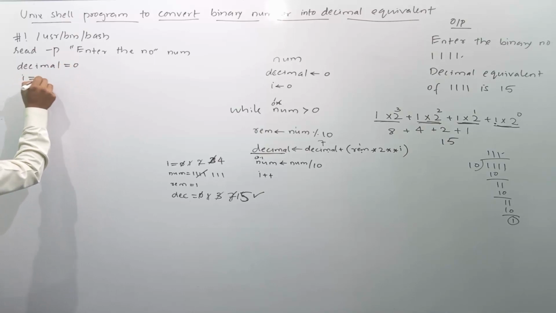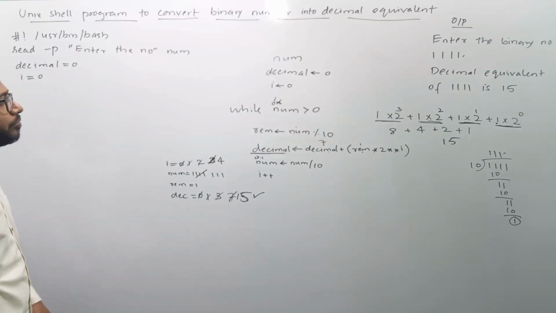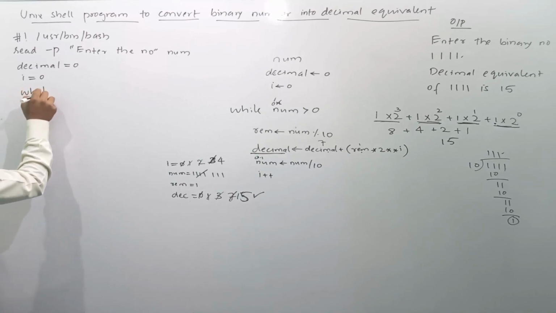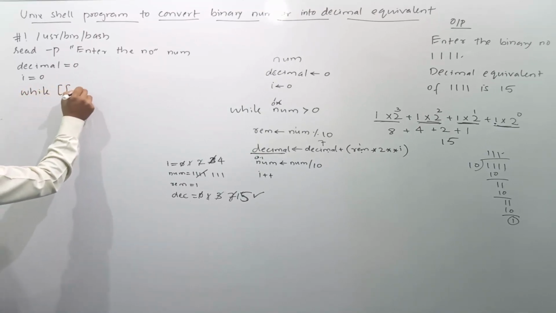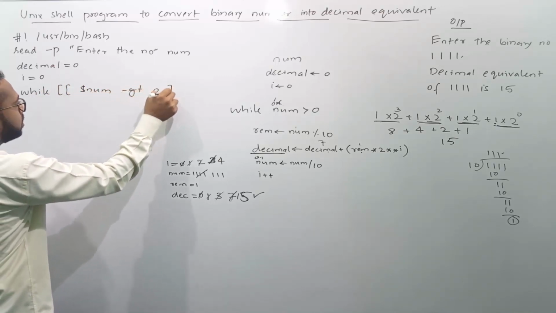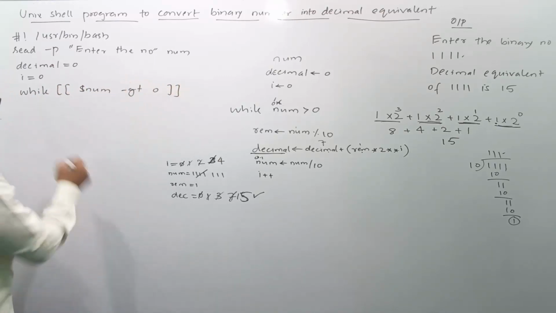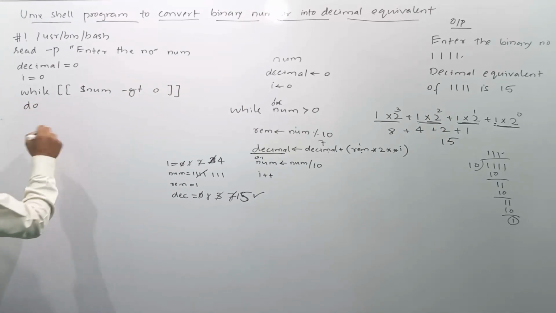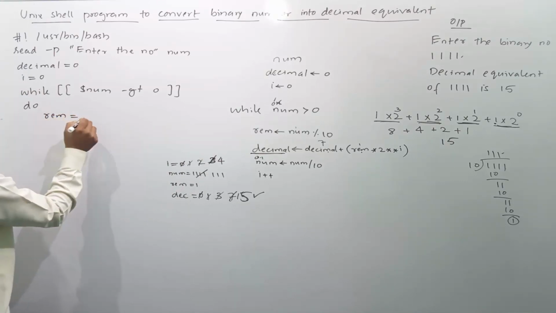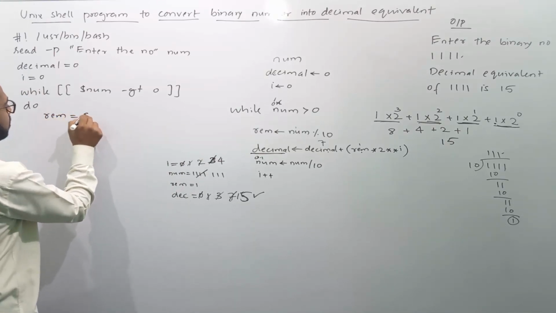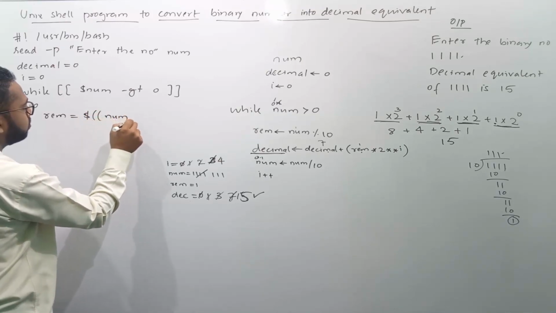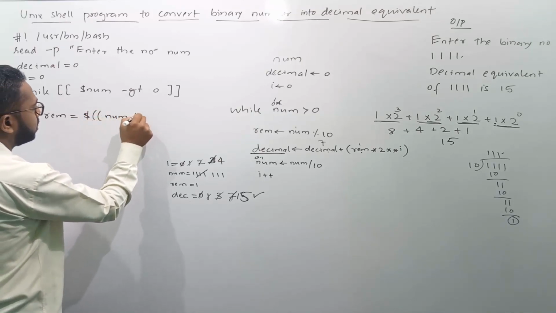Then I will initialize 0 to I. Next I will start the while loop. While $num is greater than 0, do, I need to find out the remainder. Remainder is equal to $num by 10.